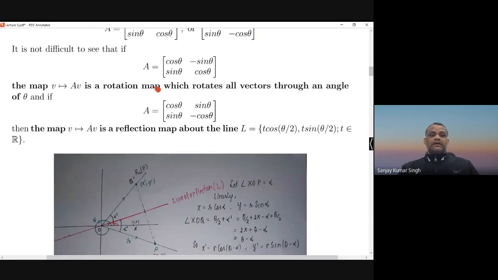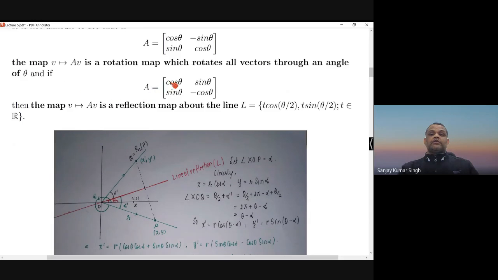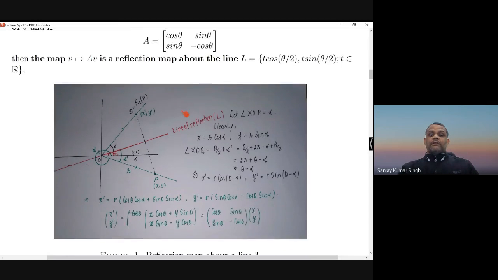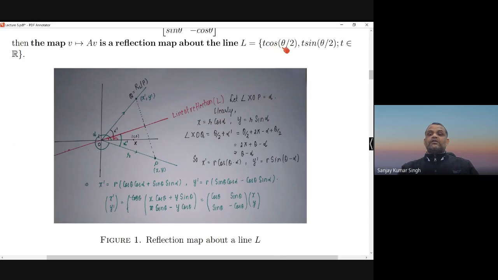If you take A equal to the matrix cos theta, minus sin theta, sin theta, cos theta, then the map V goes to AV is always a rotation, which rotates all vectors through an angle theta. And if I take A equal to this other matrix, then the map V goes to AV is nothing but a reflection map, and the reflection is about the line L equal to (t cos theta by 2, t sin theta by 2). What does this line mean? In the picture, this line makes an angle theta by 2 with the x-axis.